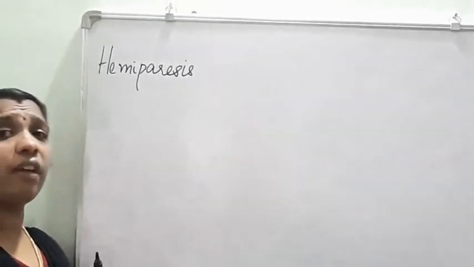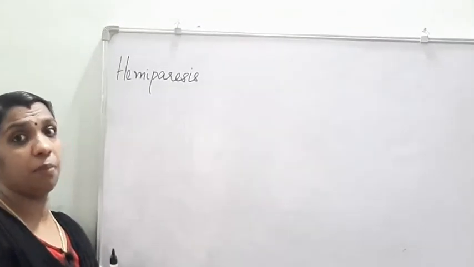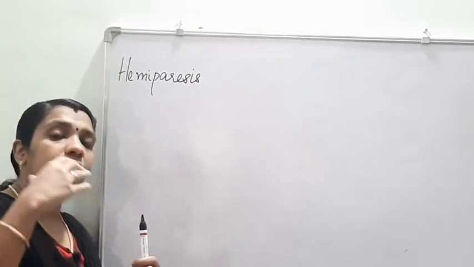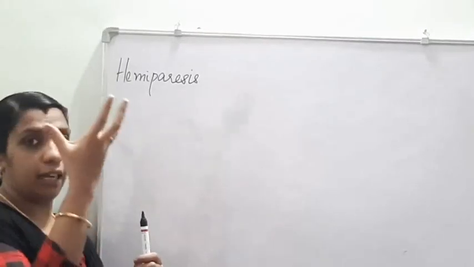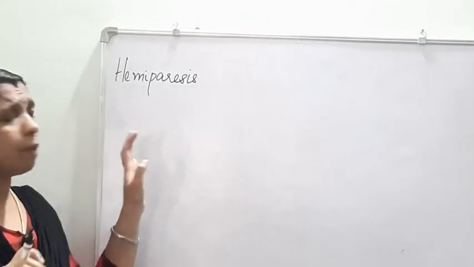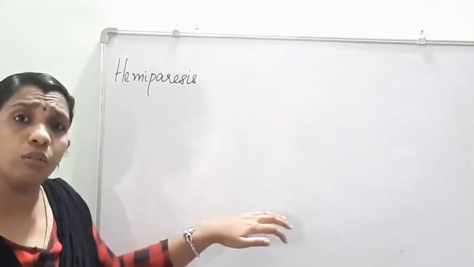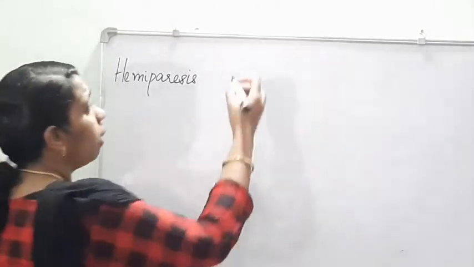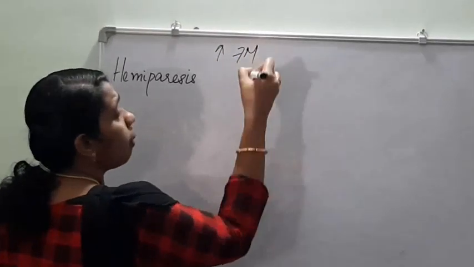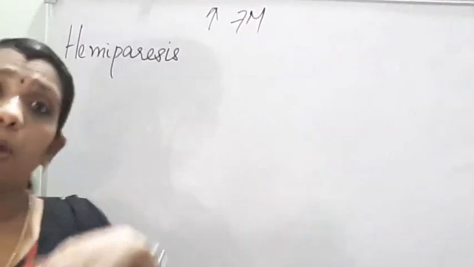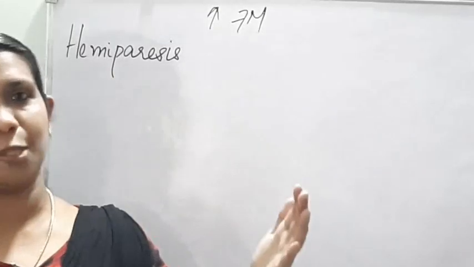Is it not? So in this hemiparesis, what we have to observe is whether there are any CNS symptoms. Mostly in hemiparesis the lesion is seen above the foramen magnum, that is above the upper section of the cervical spinal cord.